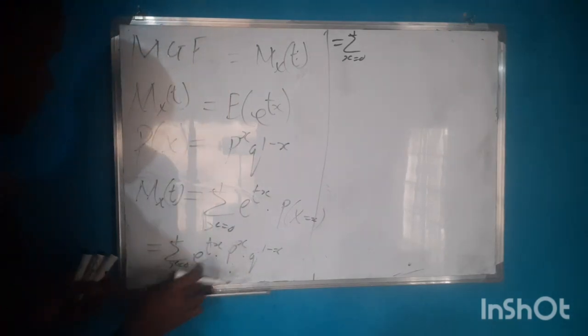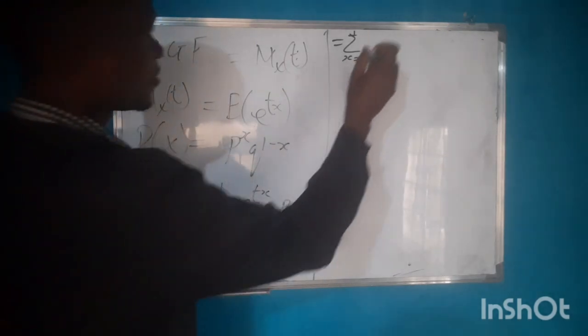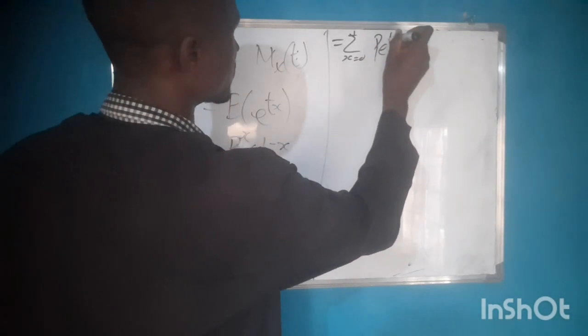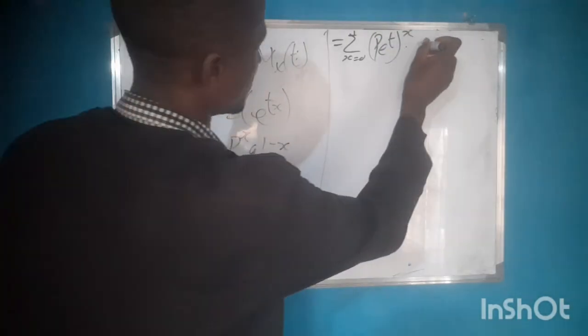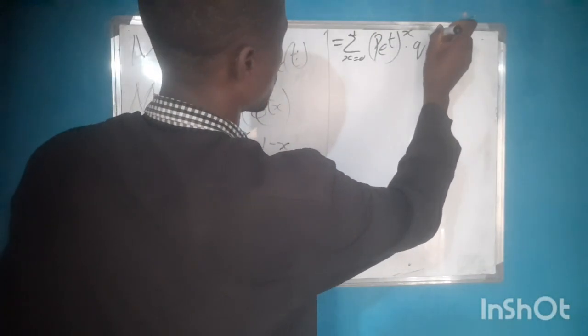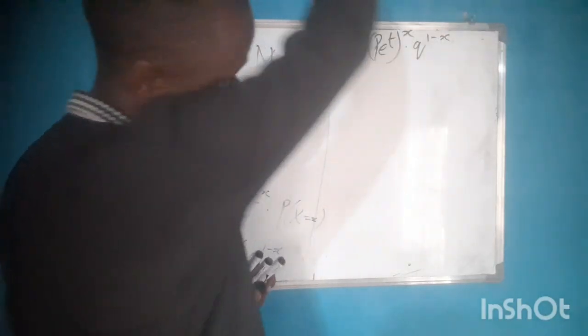These have x in common, so we bring them together: p exponential t raised to power x multiplied by q raised to power 1 minus x.